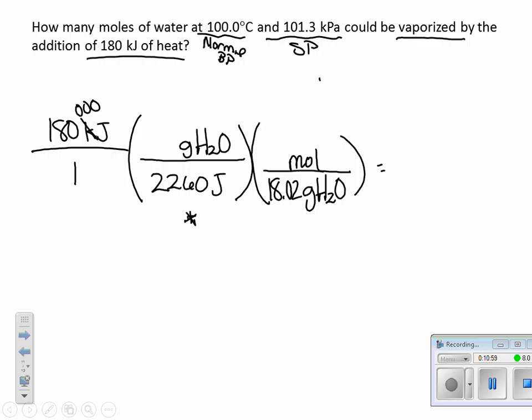Otherwise you're not going to get the correct answer. Oh, I forgot to put it into joules. And that is, we've got two significant digits, 4.4 moles of water.